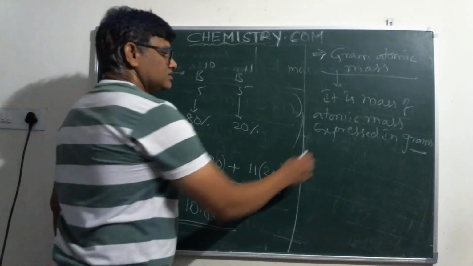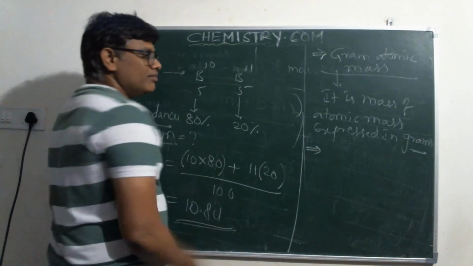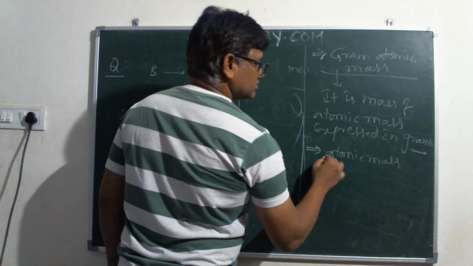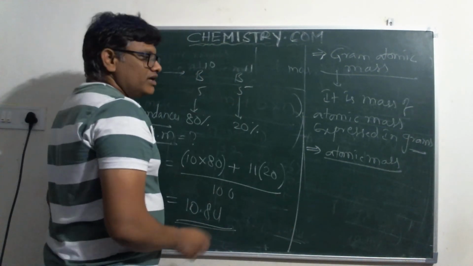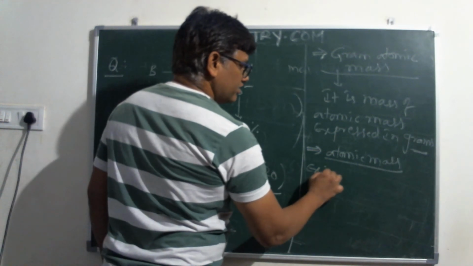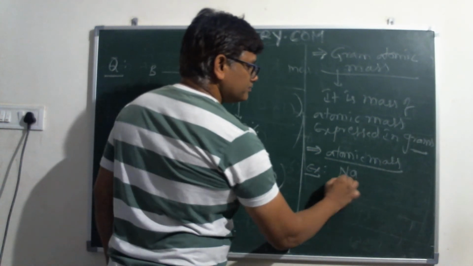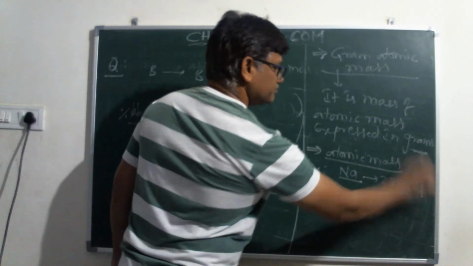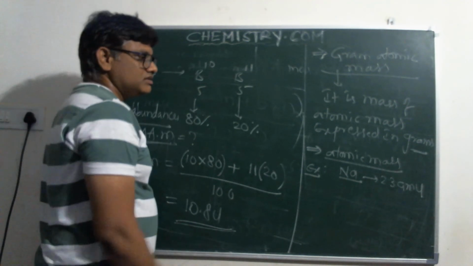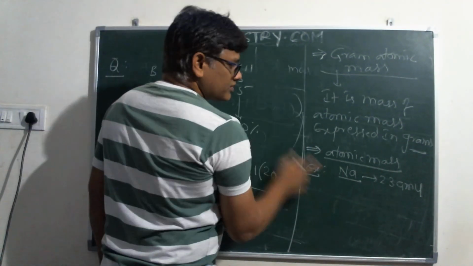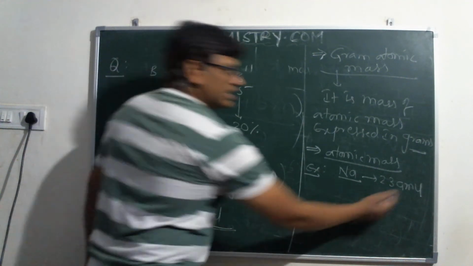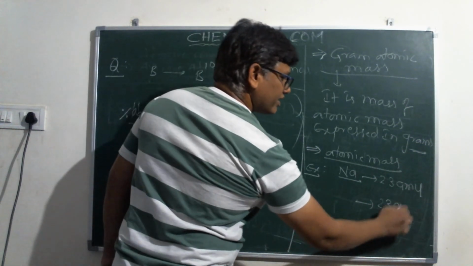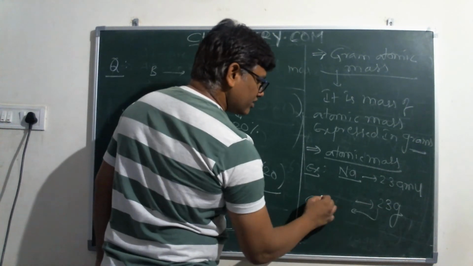If I take the atomic mass of any element, for example sodium, the atomic mass of sodium is 23 AMU. But if you want to express the gram atomic mass for sodium, instead of AMU you have to keep grams. If you keep grams, that is called gram atomic mass, GAM.